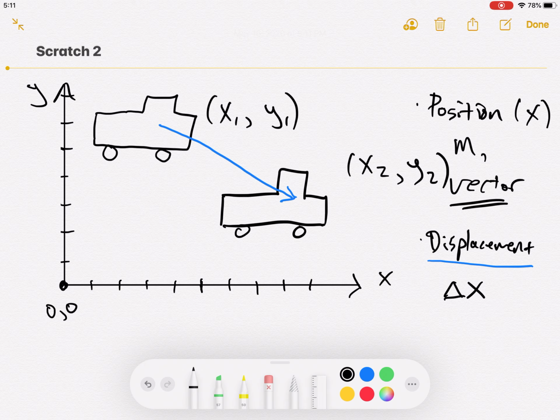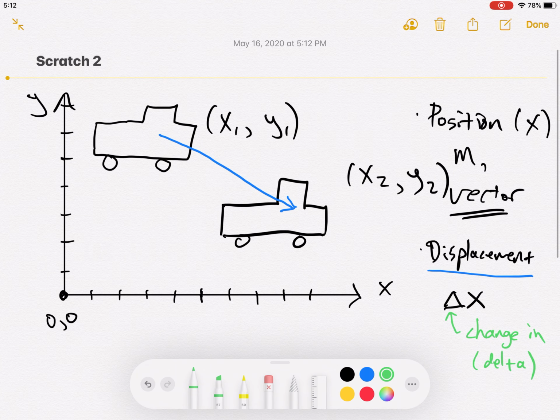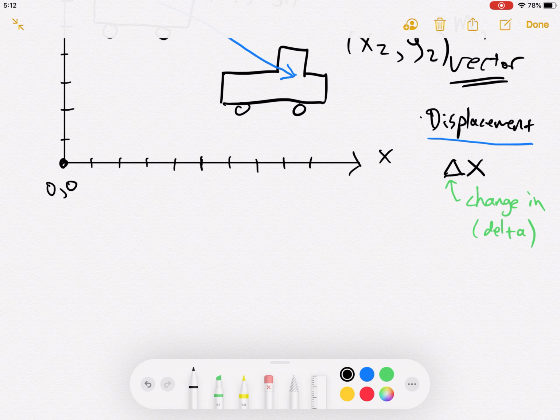Delta is a Greek capital letter. It just means change in. Let's use a different color and call that change in. Again, it's a capital delta. Delta x is x final minus x initial.